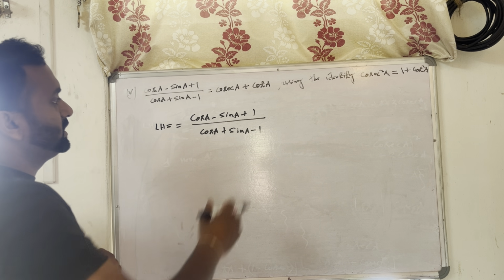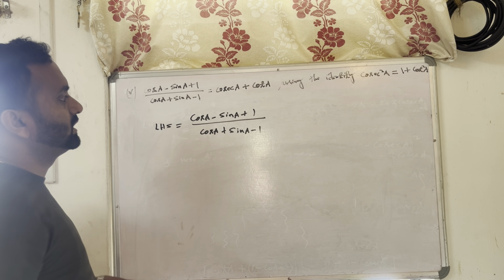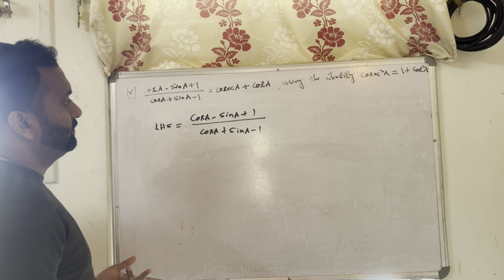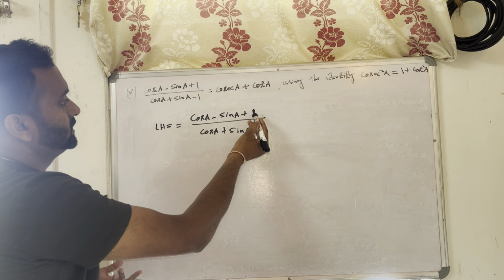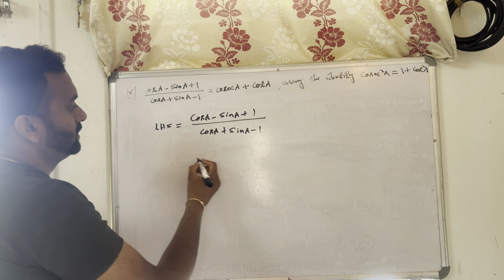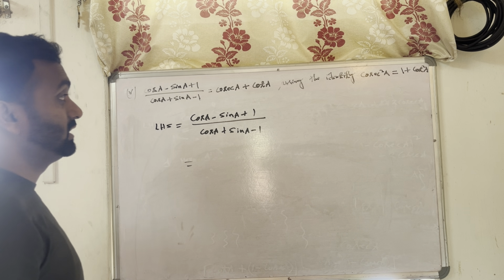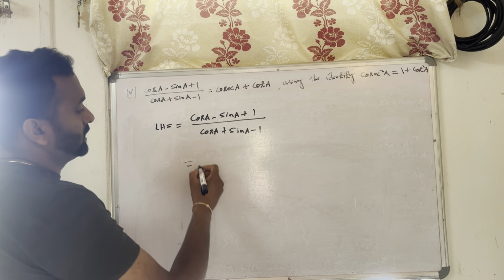So with what will we be dividing in the numerator and denominator so that we get cot and cosec? If we divide by sine in the numerator and sine in the denominator, we will get something in terms of cosec and cot. So let's do that.